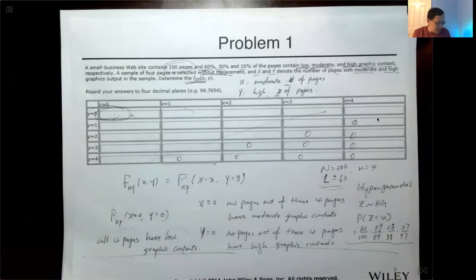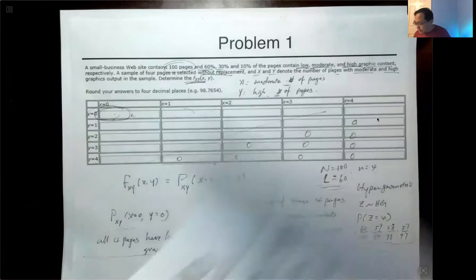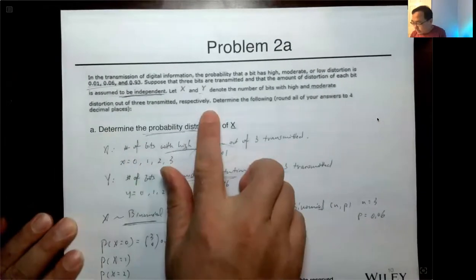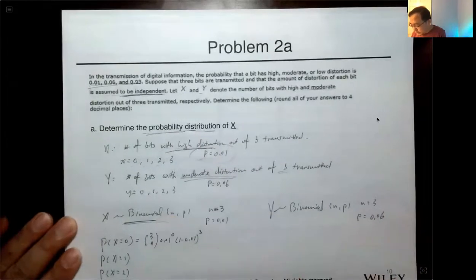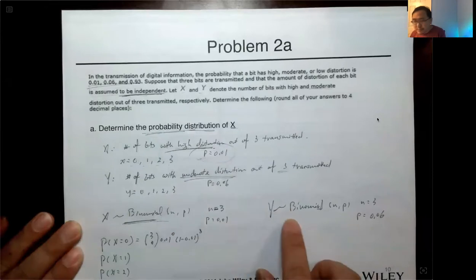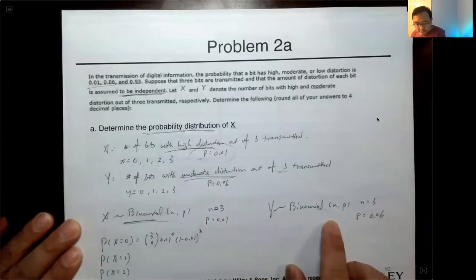And there's another problem, problem two. This problem we also discussed in the class. In this problem, the binomial distribution is very important.